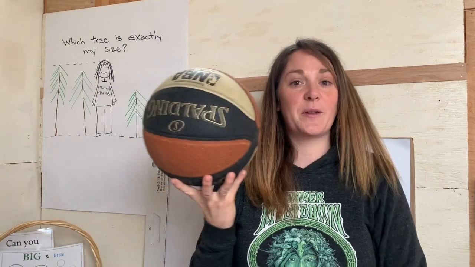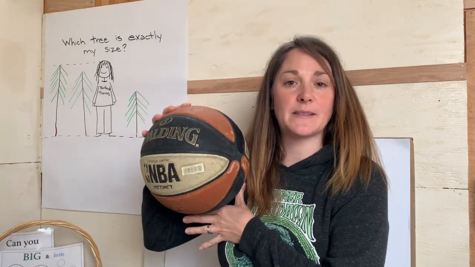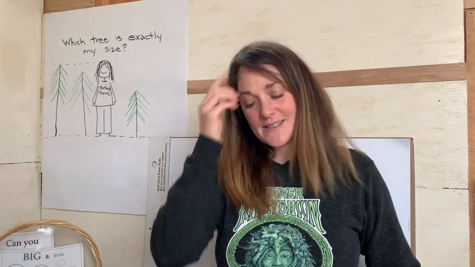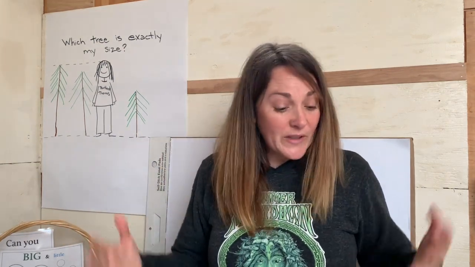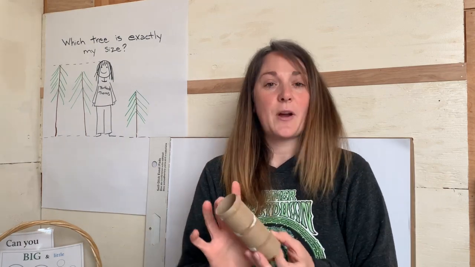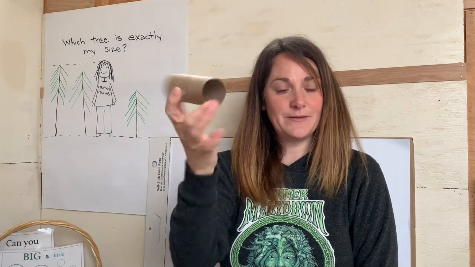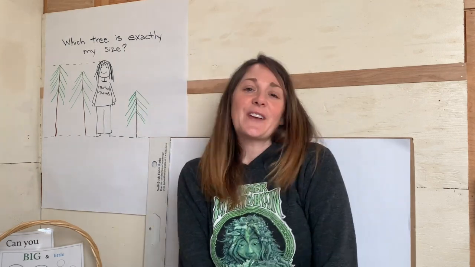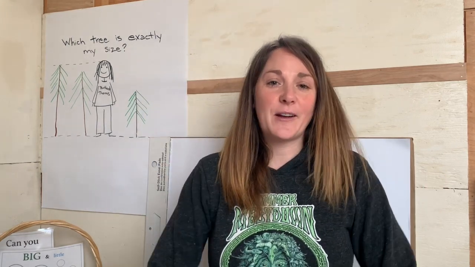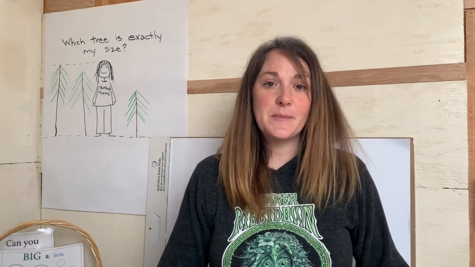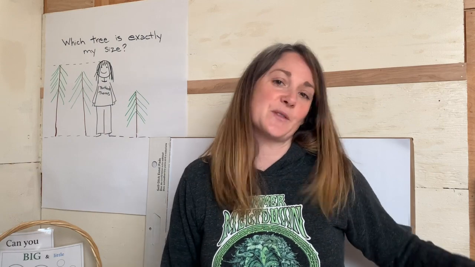And I borrowed my nephew's awesome basketball that we play hoops with a lot. Oh, and the other item I have is this toilet paper tube. So we're going to look at these different items and talk about the shapes that we see in these items and then learn some new ways to describe them.